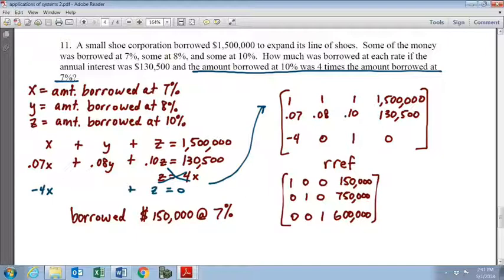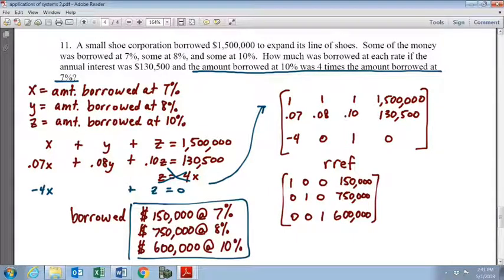And Y, which would be 750,000, that's the amount borrowed at 8%. And if you look there at the bottom, Z is 600,000, and that's the amount borrowed at 10%. And another thing I might mention is you could easily plug these numbers back into the 3 equations, and it should make them all true. You can check your answers on these.